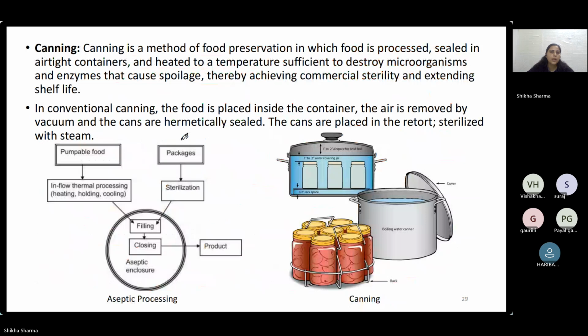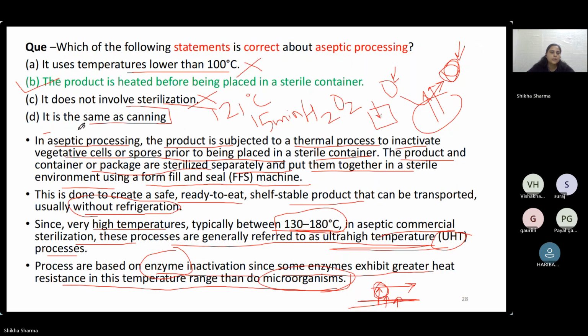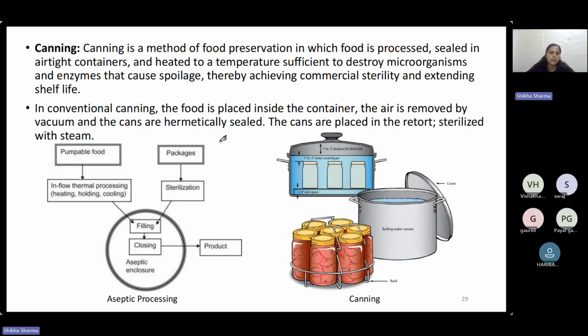So the fourth point is saying that it is same as canning. Let's understand what canning is, so we can understand why it is not correct, that is, what is the difference between aseptic processing and canning. This is the diagram on the left side bottom. This is of aseptic processing, where mostly fluid or liquid foods are taken because they can be easily pumped, like juices or milk products.